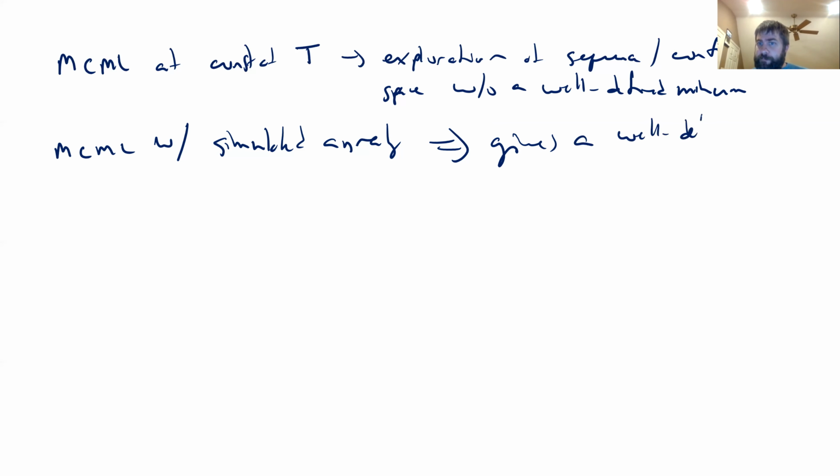It gives a well-defined best sequence and conformation, at least as long as we take the temperature to some limit close to zero, right?